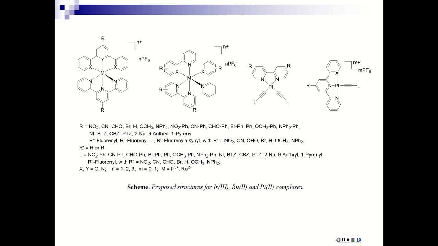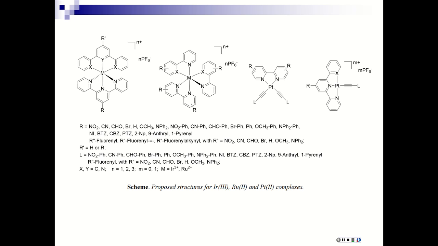Both iridium and ruthenium can form complexes like this. The ruthenium one is still the better started one than the iridium, because for iridium the synthetic part is quite difficult.